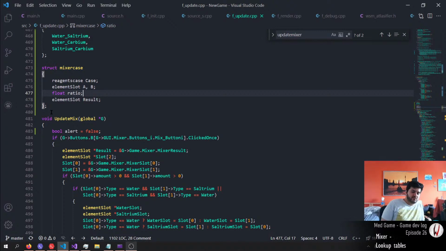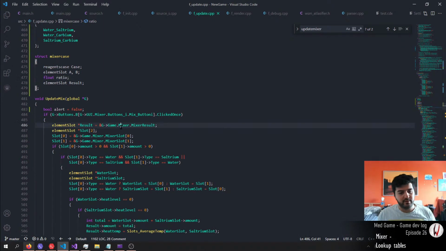It's going to be a linear search mostly, but that's what I'm doing here either way. I could also store them based on reagent cases. This way I will keep things a bit more organized. I think I can read this.